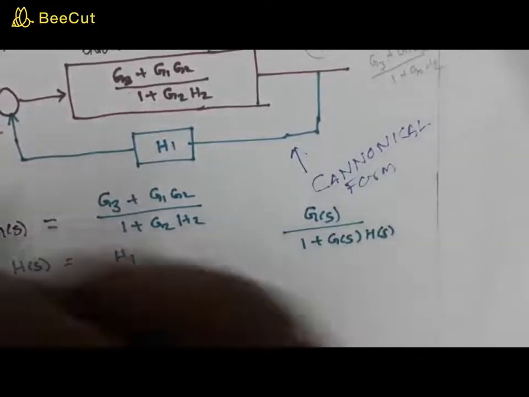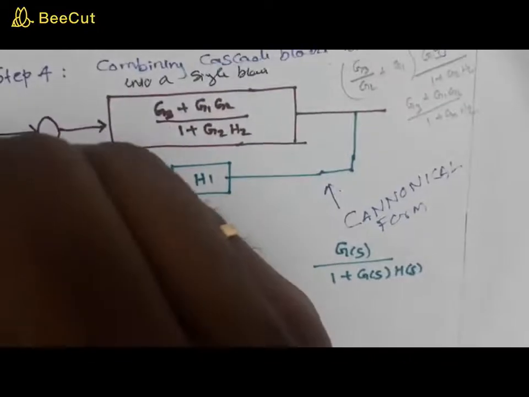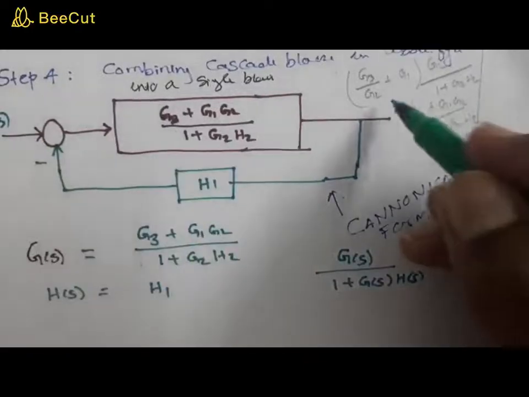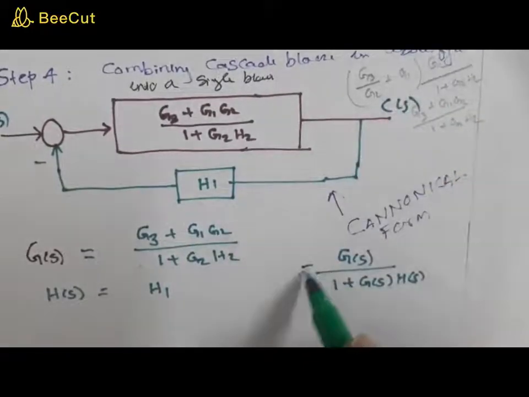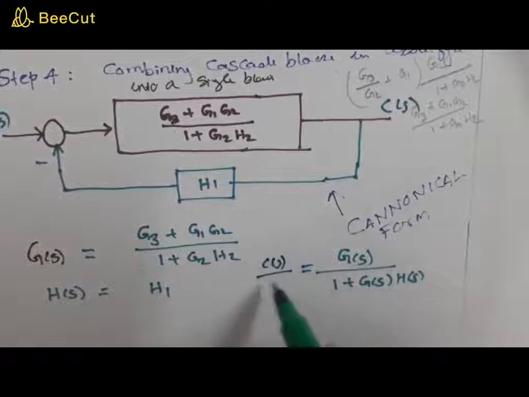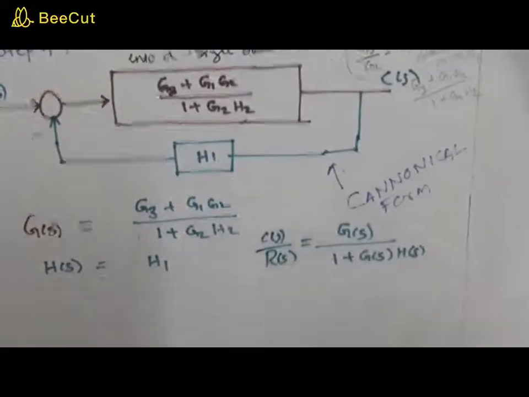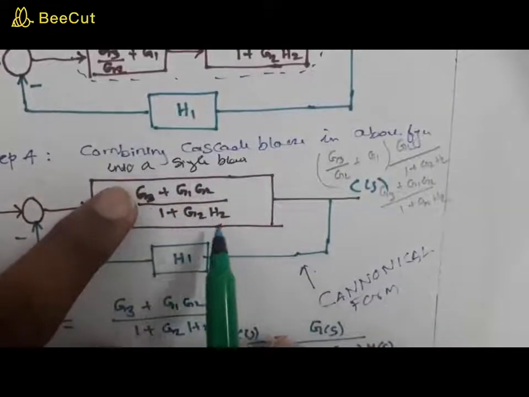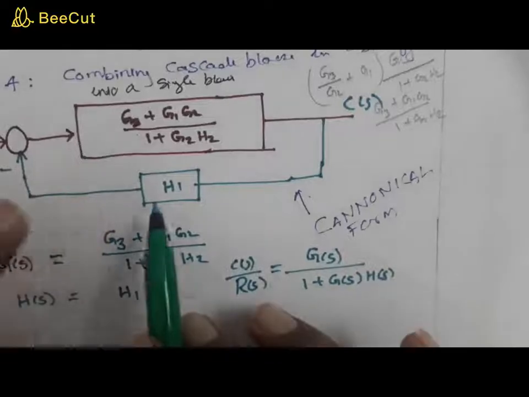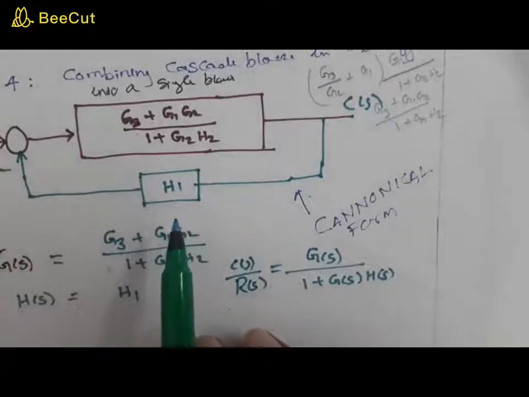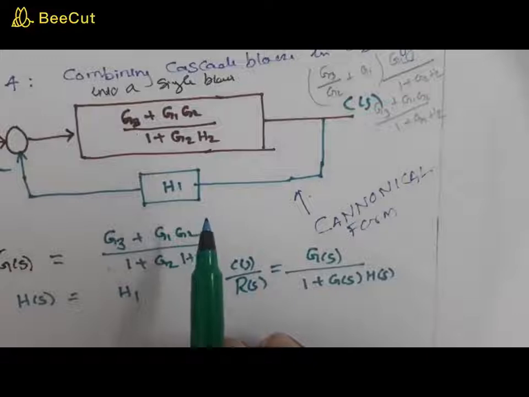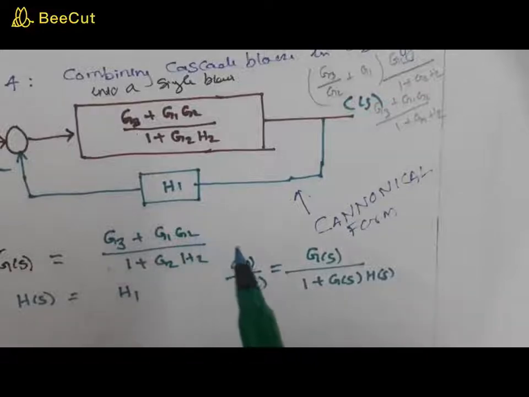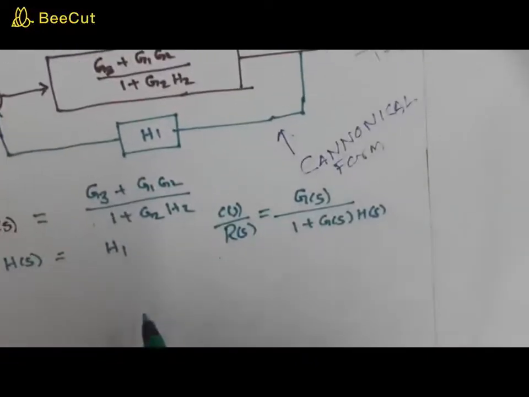Why 1 plus? Because it's a negative feedback system. This is your R(s), this is your C(s). So this is going to be your C(s) by R(s). Now just substitute G(s) to be G3 plus G1 G2 by 1 plus G2 H2, while H(s) is H1(s). So finally you will be getting an equation like this.